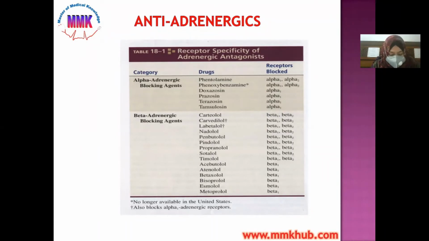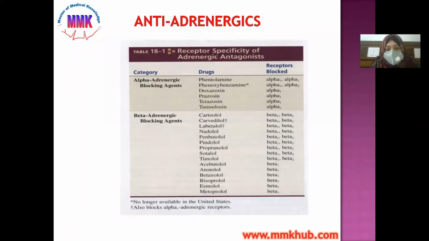When we study the selective and non-selective alpha blockers, we can see over here that there are two non-selective drugs, phentolamine and phenoxybenzamine. And the alpha-1 antagonists, which selectively work on only alpha-1, are doxazosin, prazosin, terazosin, and tamsulosin.